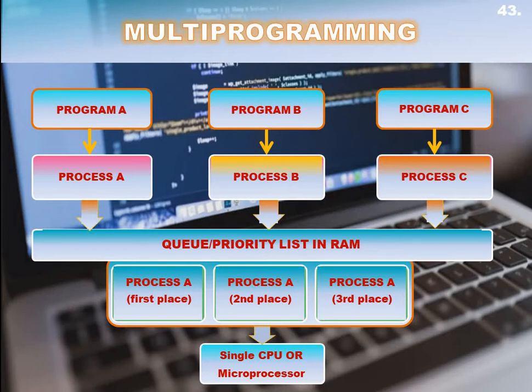When that second task also goes for an input-output operation, the CPU would fetch the third task or job for execution. When that third task gets busy with input-output operation, the CPU again fetches the first job or task for execution. So the CPU never sits idle. The CPU never lays back or never gets a rest. It executes either one job or task or another job or task or a third, and so on.